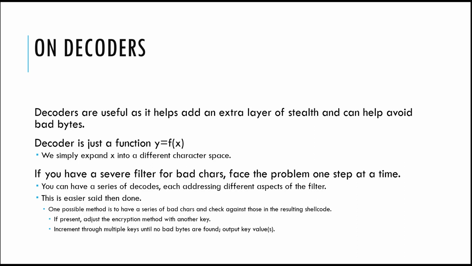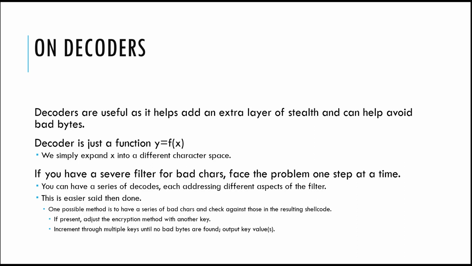You could cycle through them and see if the resulting shellcode, however you create it, whatever series of decoders you utilize, has these bad characters present. If they are present, then scratch it, maybe try a different key value, and do the whole thing again.